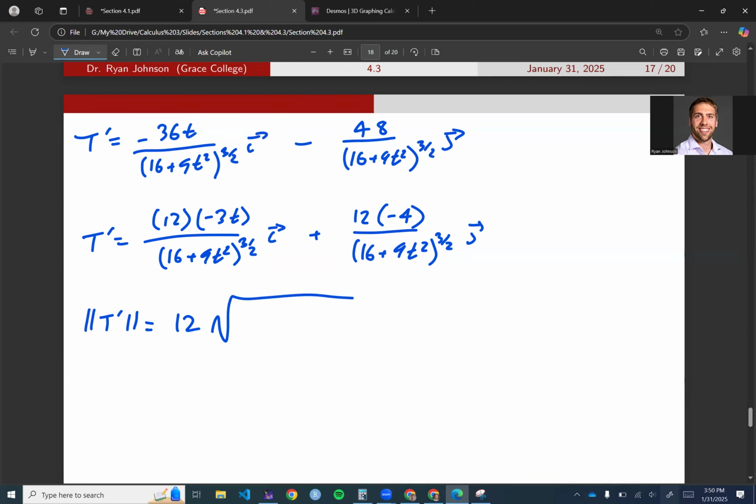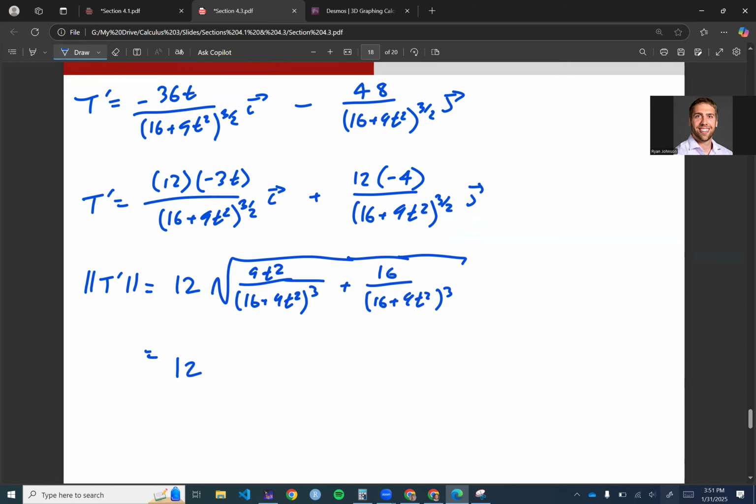So the negative 3t becomes 9t squared over 16 plus 9t squared cubed, because I squared that term, plus negative 4 squared is 16 over 16 plus 9t squared cubed. And so then that's going to be 12 times the square root of 16 plus 9t squared over 16 plus 9t squared cubed.